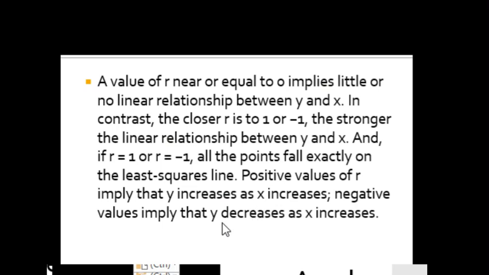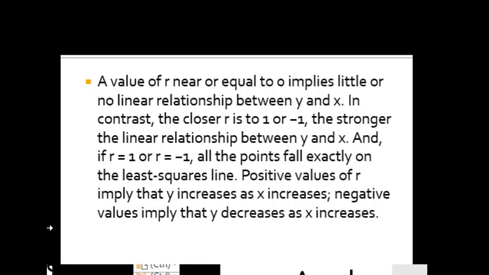So to measure R, we will have a value close to 1 or negative 1 if it's a strong relation, and if the value is close to 0, we will have a weak relation. So here's what happens. The sign, the negative or the positive sign, basically indicates the direction of the slope.